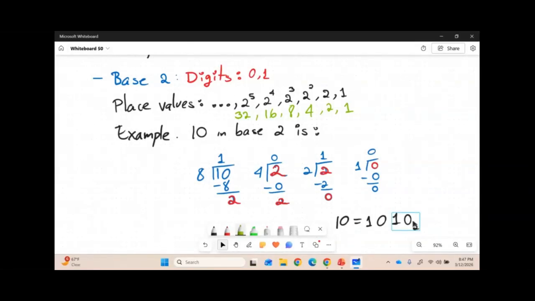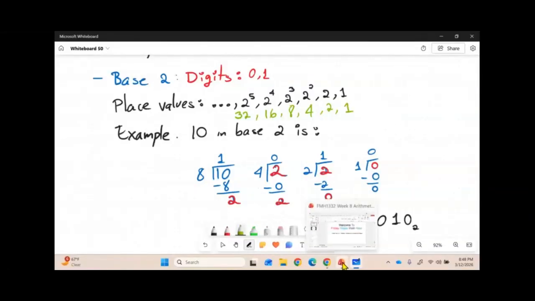If you practice, you'll realize that this is the place of the ones, this is the place of the 2s, 4s, and 8s. So basically, you're creating the number by doing a sum. So here, 10 is equal to 8 plus 2, which is why you have ones in these places, because 1 eight and 1 two actually form 10.